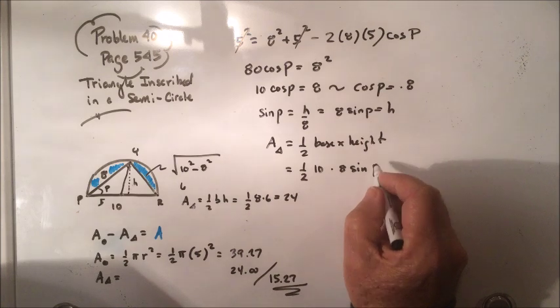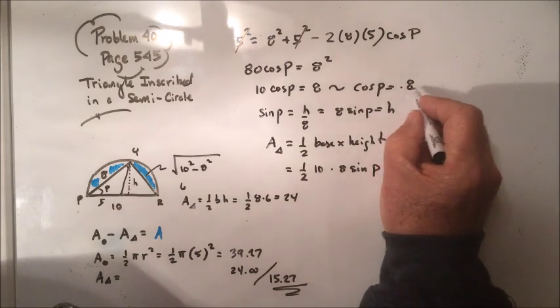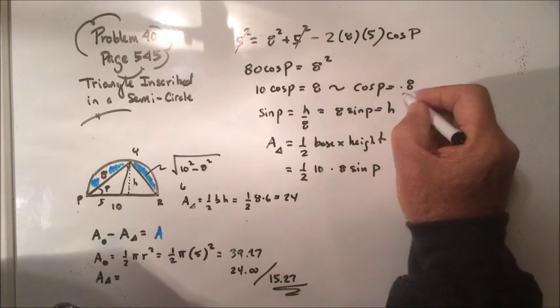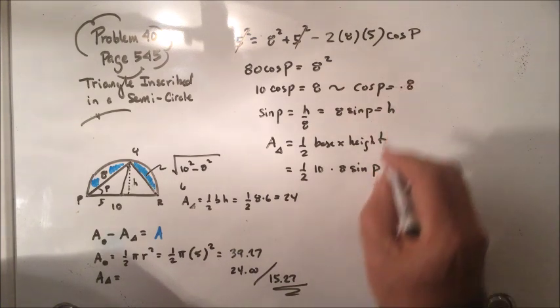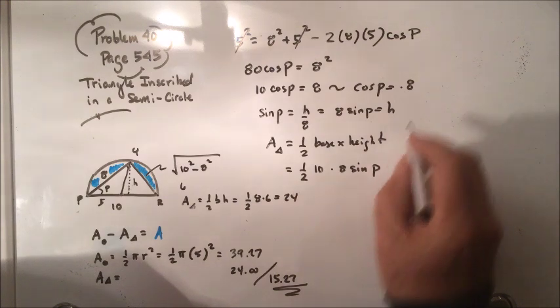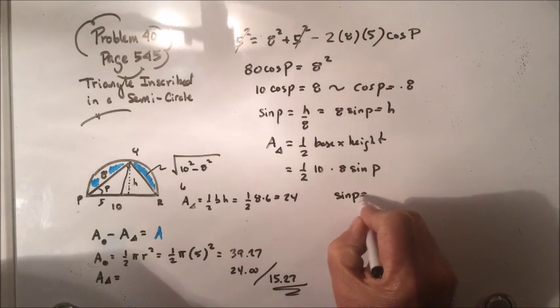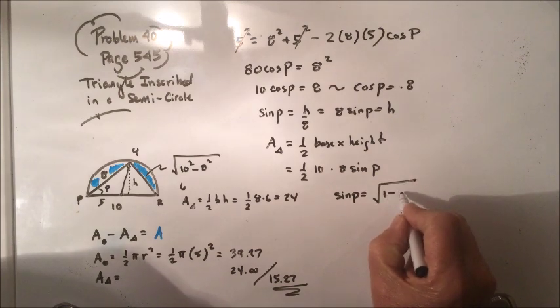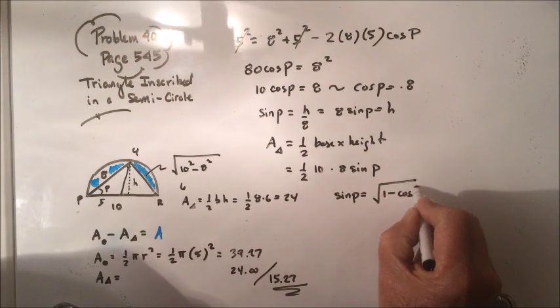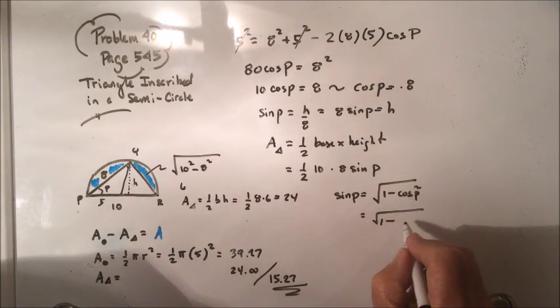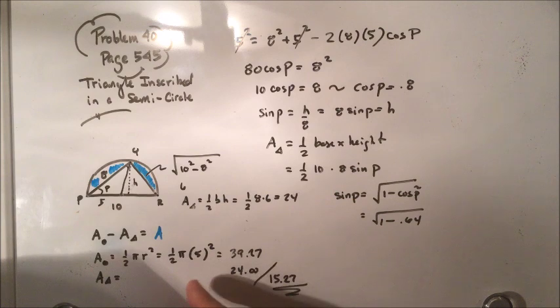I'm resisting doing sine P for some reason. It's because since cosine P is 0.8, I can write that the sine of P is equal to the square root of 1 minus cosine P squared. That's 1 minus 0.64. We're right back to this calculation.